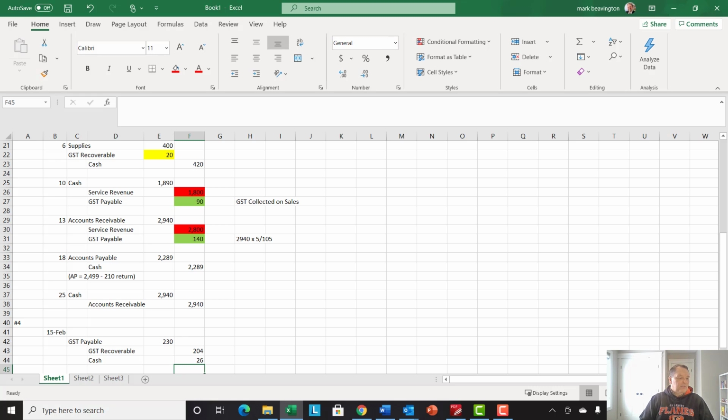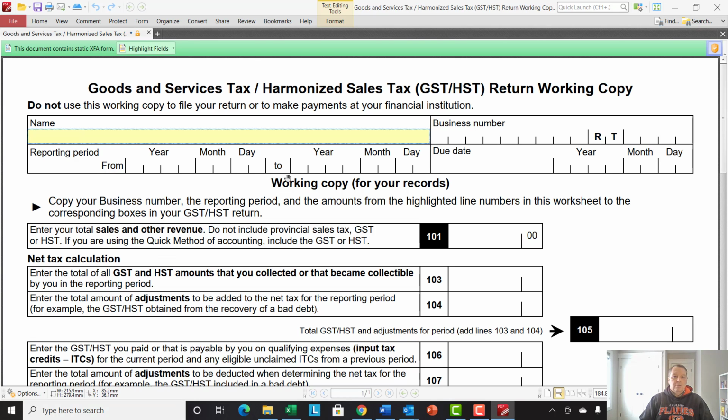And speaking of GST, let's have a look at that tax return for a second. Let me just pull that up. Here's our GST return. There were marks for completing the name, the business number, the reporting period. It was a monthly reporting period, so just so you know, it's due at the end of the next month.